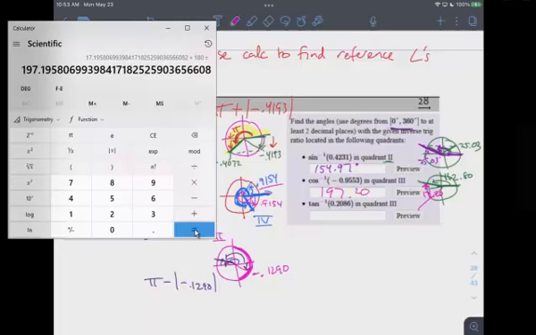That's this angle from here all the way down to here. I'm using the reference angles to calculate, and if I want to confirm, I can take the cosine of this, and my expectation is it's going to be negative 0.9553. When I do, it confirms that I have the right measure.